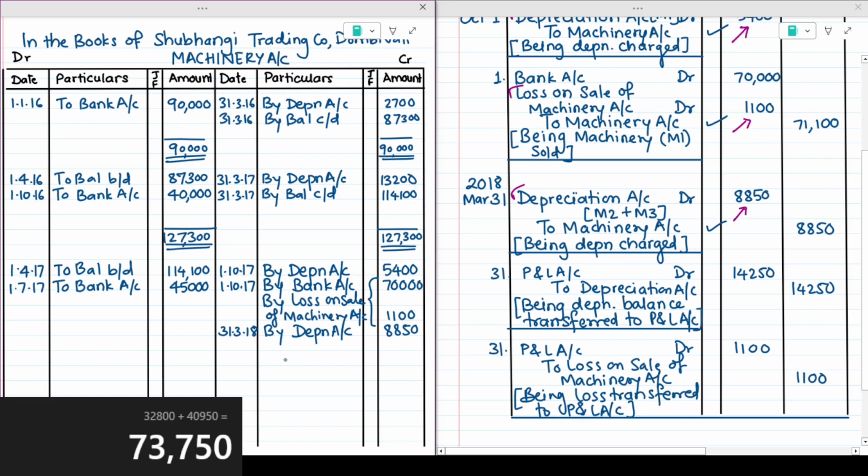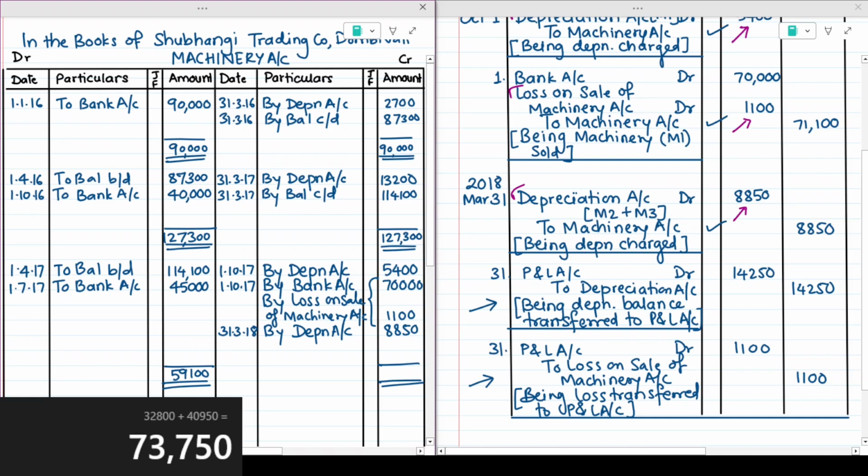Let's close our books. The total is 1,59,100, and from that we will deduct 5,400 minus 70,000 minus 1,100 minus 8,850.